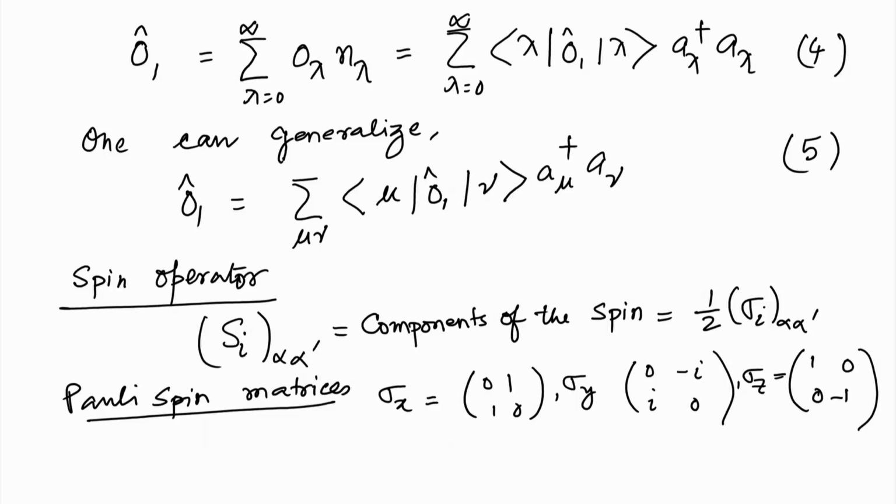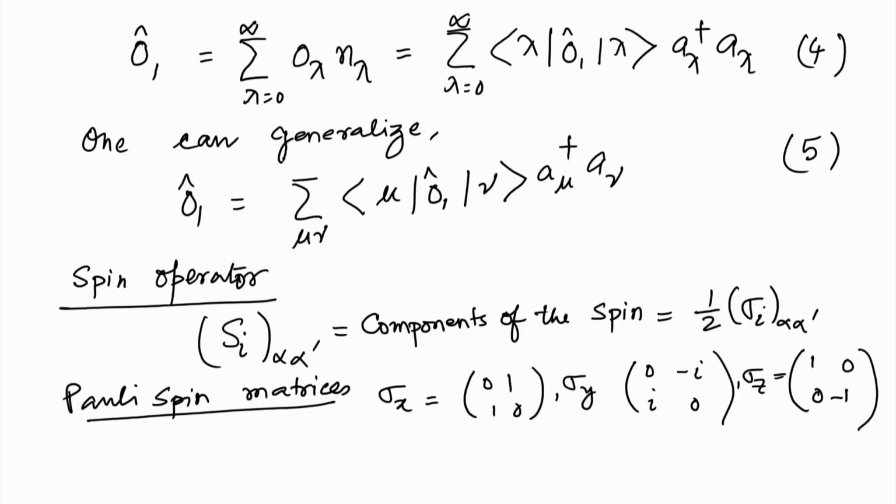Sigma x and sigma y are off diagonal matrices, whereas sigma z is diagonal. In fact, because it is diagonal, the z axis is chosen as a preferred direction in most of the problems that we do in physics. What I mean by trace equal to 0 is that the sum of the diagonal elements is equal to 0. You can check that here.